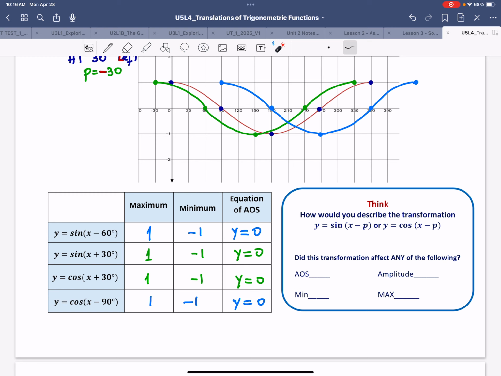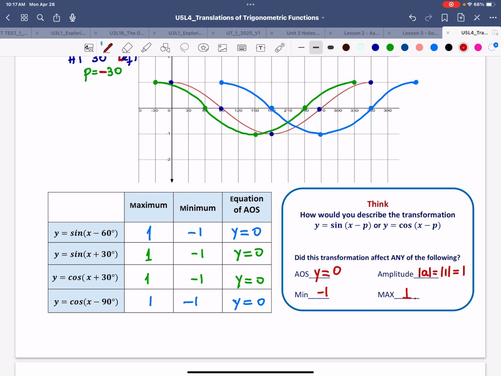So the amplitude will be the same for all these functions, equal to absolute value of a, which is equal to 1, same as the basic functions. The equation of the axis of symmetry remained the same at y equals 0. Now the minimum and the maximum again remain the same, minimum -1 and maximum +1.